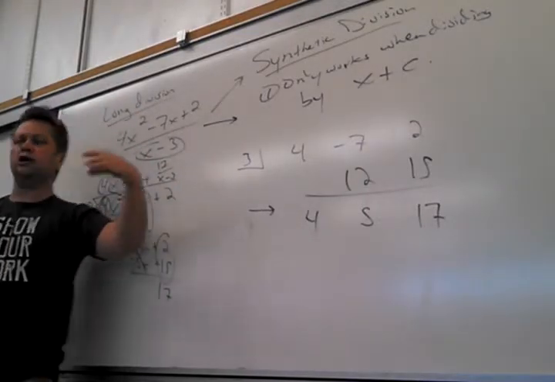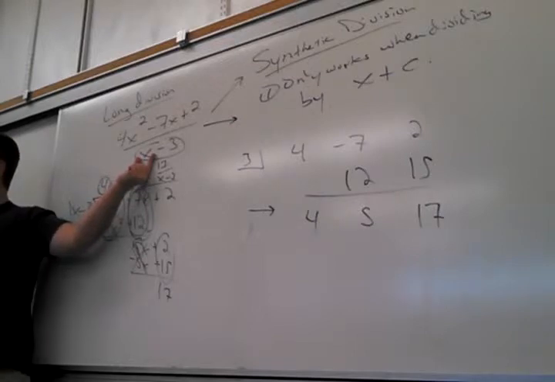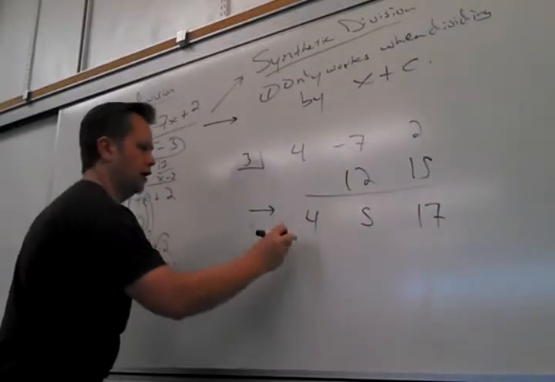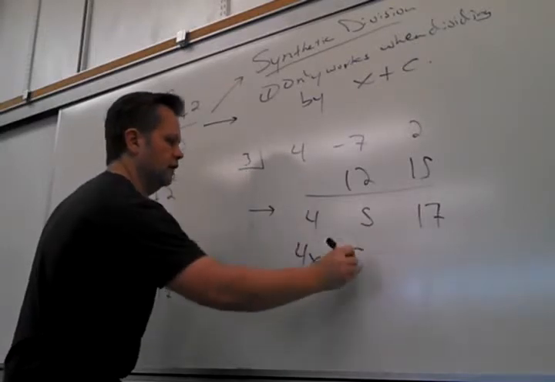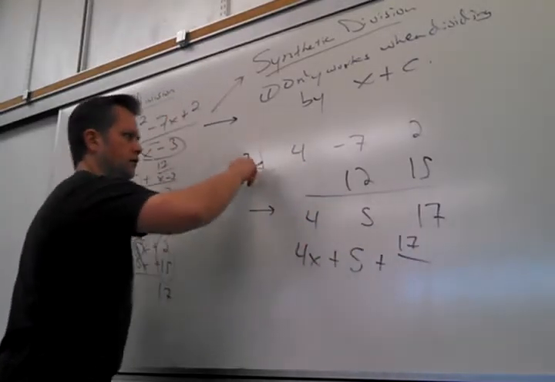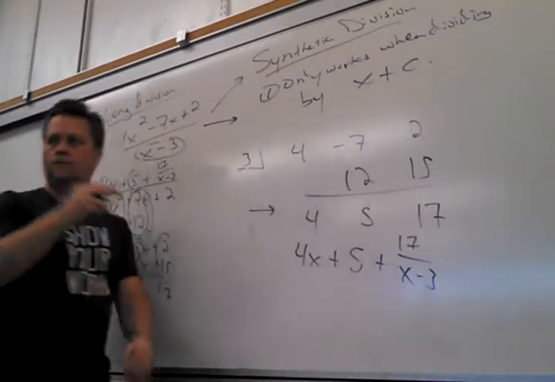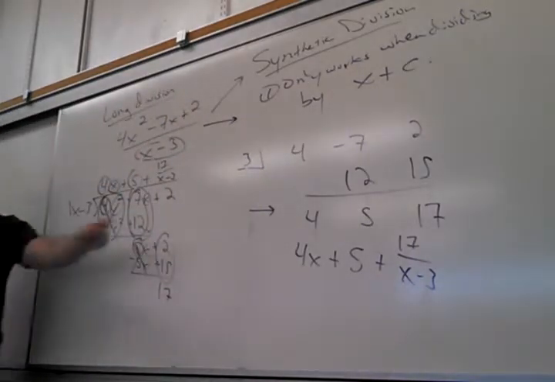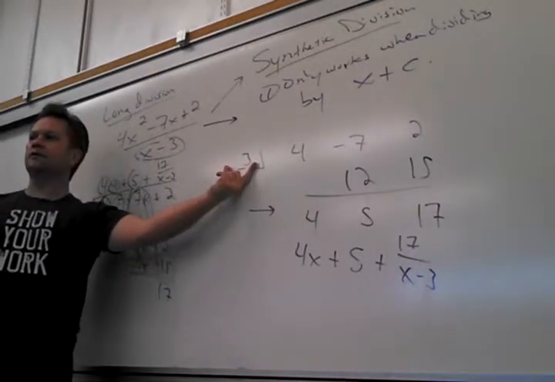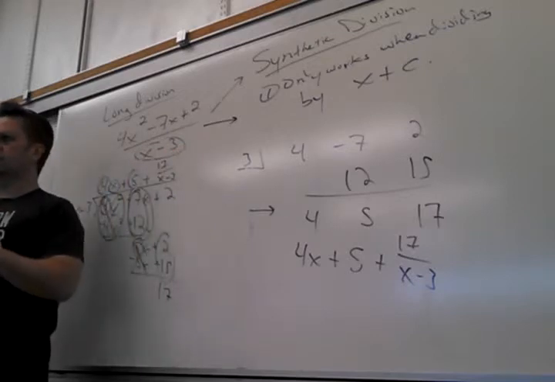It's going to go down by a degree because I'm dividing by a degree. Does that make sense? So I know this is 4x plus 5 plus 17 over x minus 3. When I pointed at it, I didn't mean 3. This represents x minus 3.